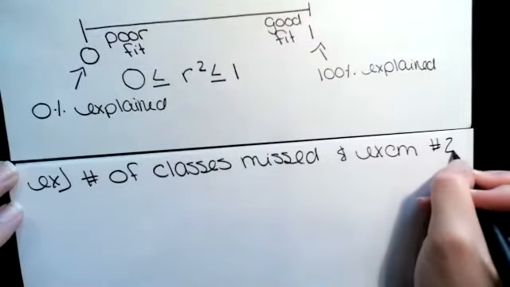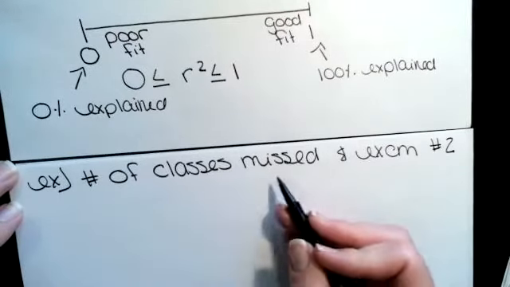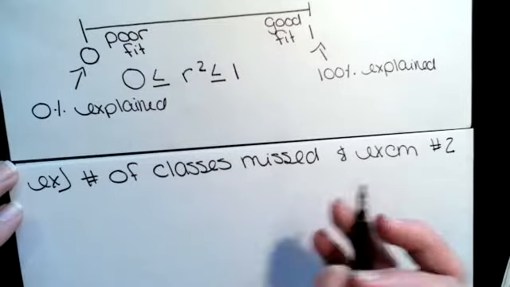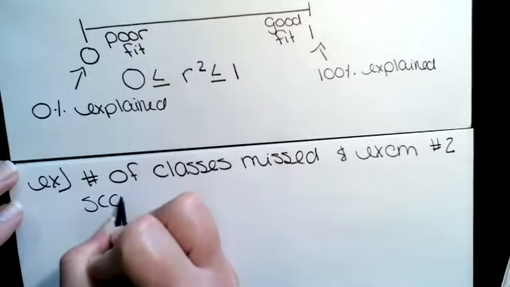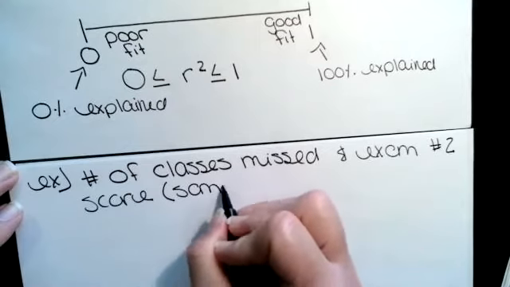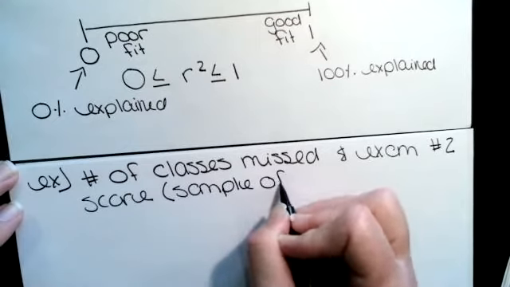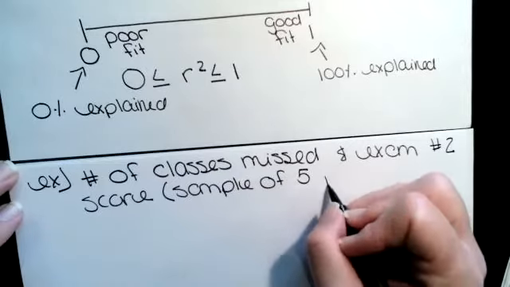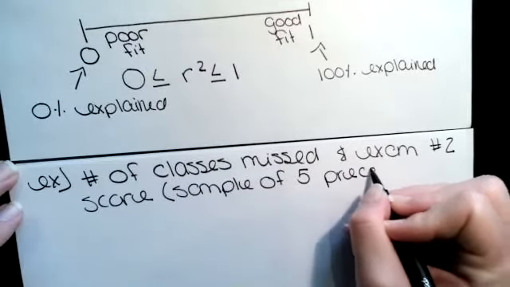So leading up to exam 2, I counted how many classes a particular student missed and their score on exam 2. And I just took a sample of 5, just to be easy, pre-calc students.